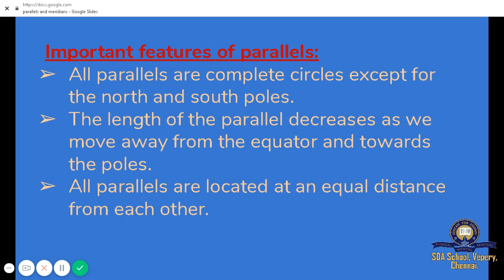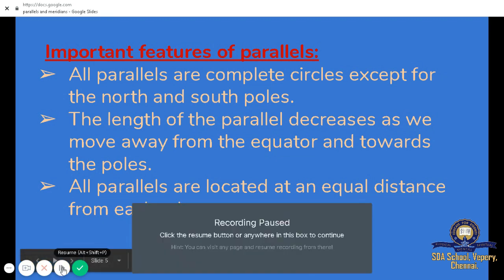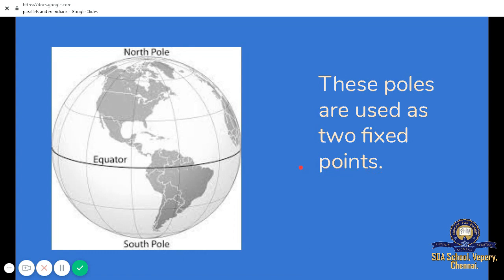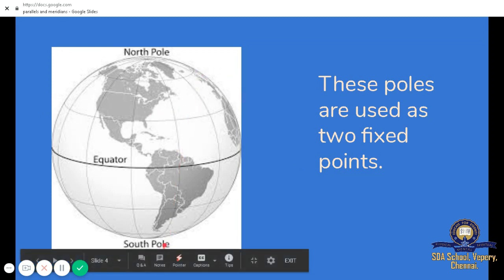They are the two fixed points, so they are not complete circles.